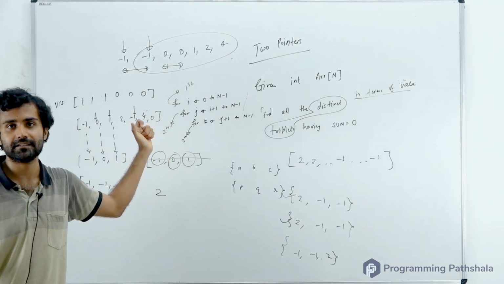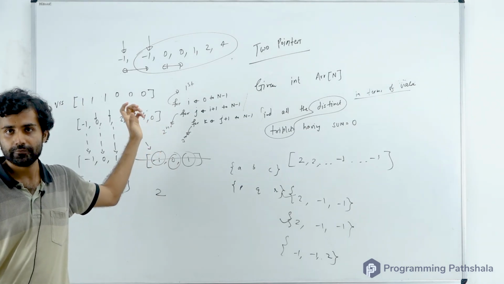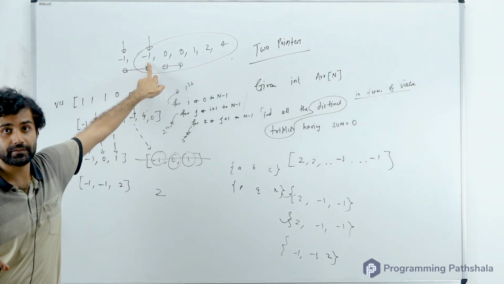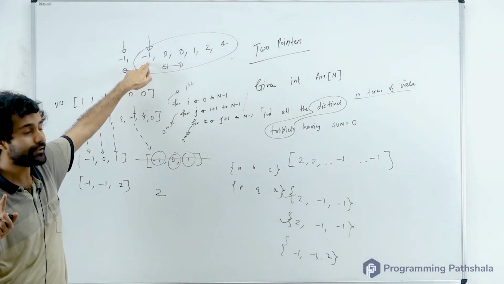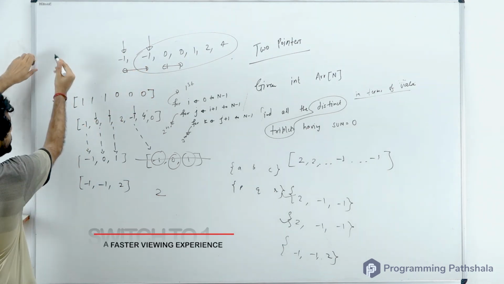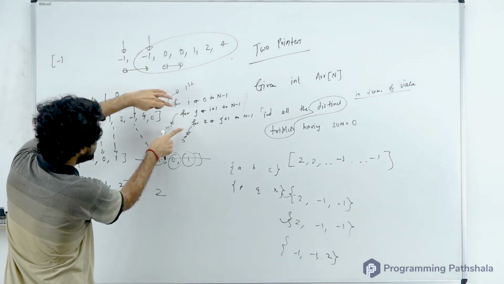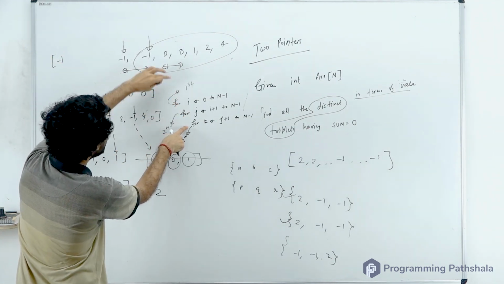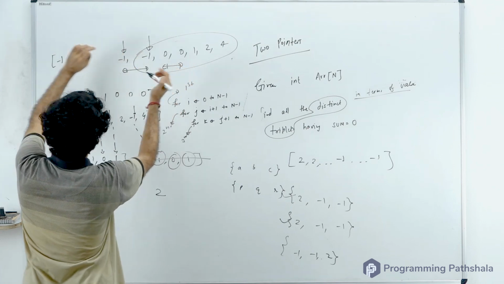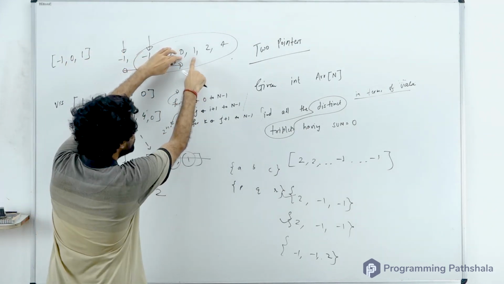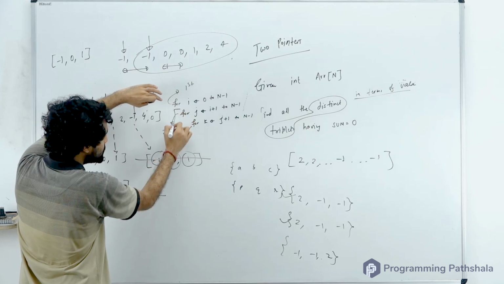Guys, others think. I want everyone to think. Would you want to consider this -1 again as your first element? Because tell me, when you have considered this -1 as your first element, and for i equals 0, when these two loops have run, you would have captured this 0 with this 1, right? And you would also have captured this 0 with this 1, but let's say there is an intelligence over here.